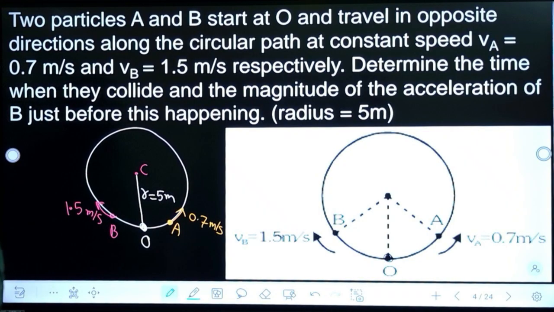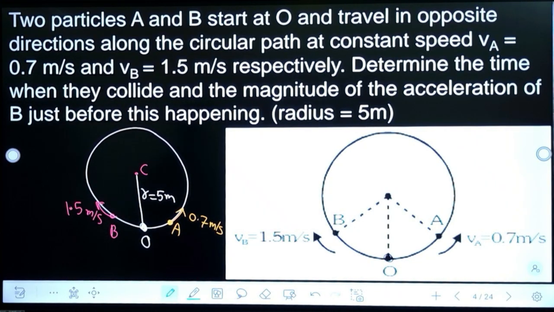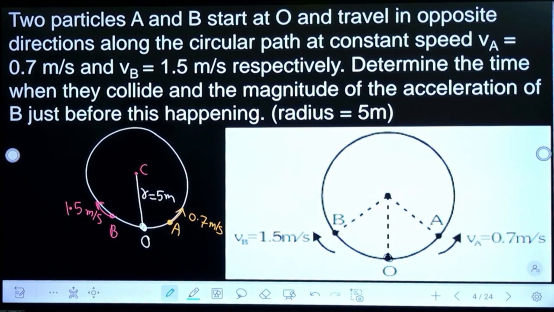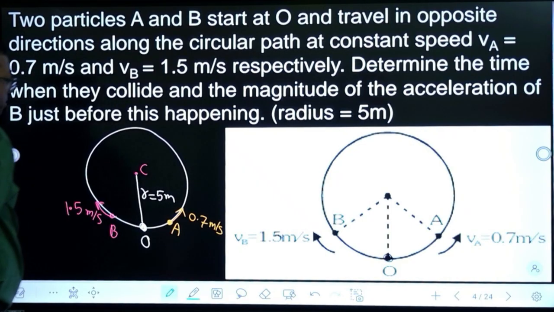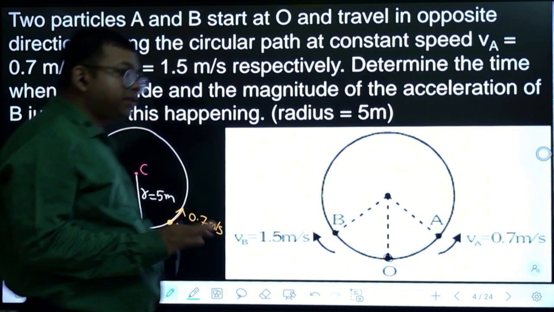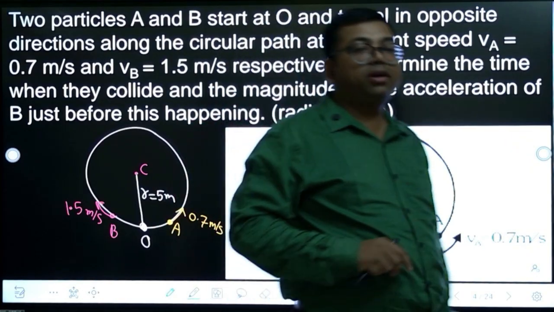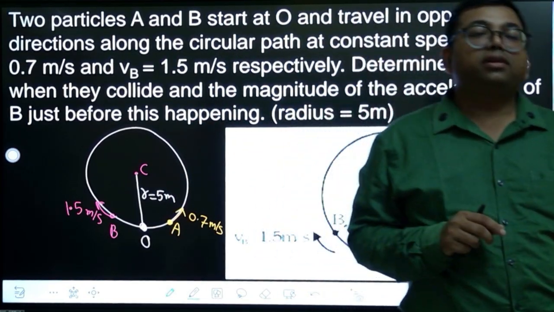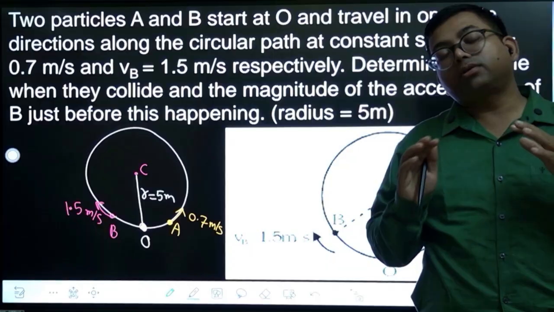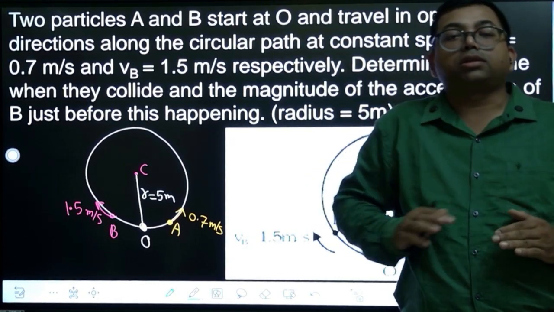How will you solve? How will you think about it? See, the relative velocity in linear motion you have studied, right? But here we are going along a circular path, so continuously their velocities are changing.